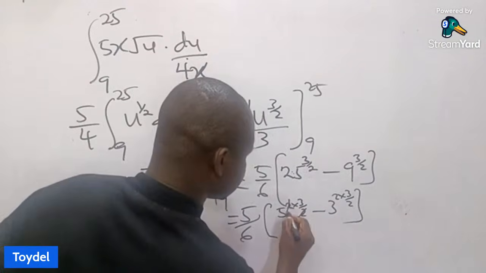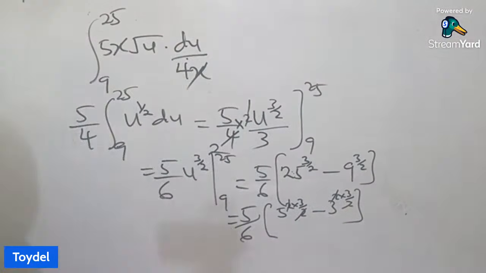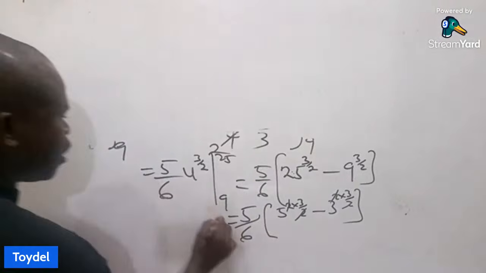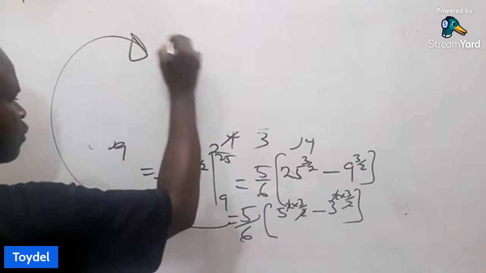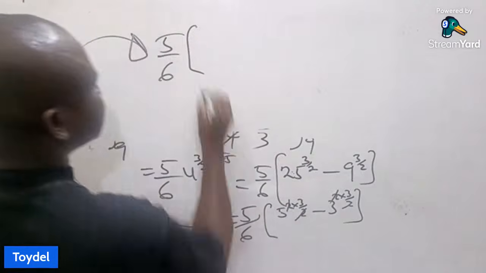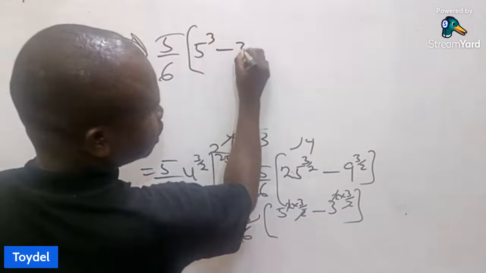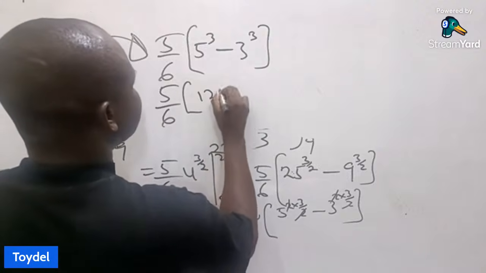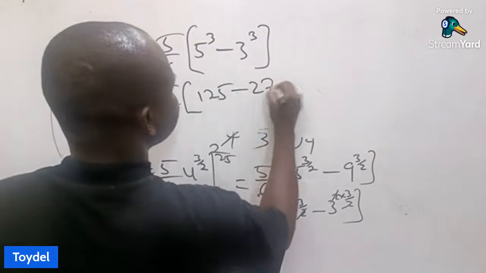This cancels this, and that takes care of this. At the end of the day, our final answer will be 5 over 6 into bracket 5 cubed minus 3 cubed. That will be 5 over 6 into bracket 125 minus 27.